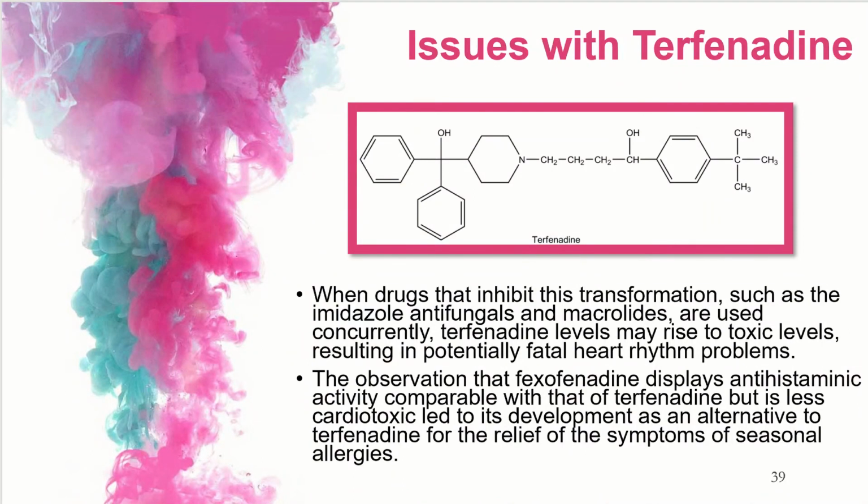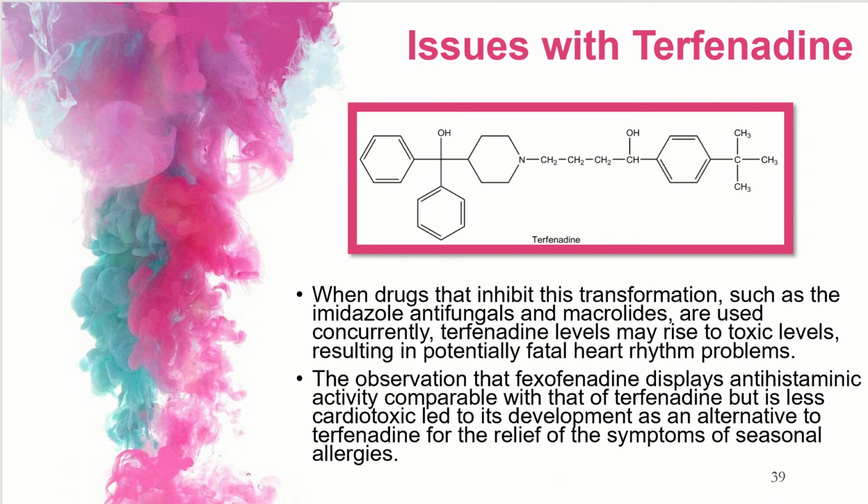The observation that fexofenadine displays anti-histamine activity comparable with that of terfenadine, but is less cardiotoxic, led to its development as an alternative to terfenadine for the relief of symptoms of seasonal allergies, right?